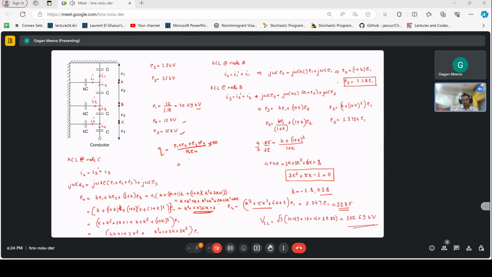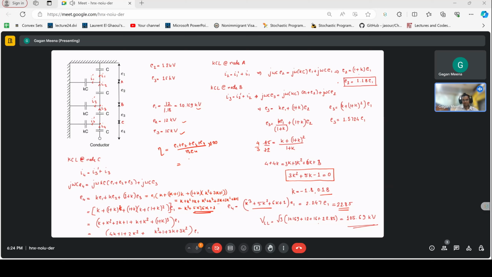This is only 66.67%. The string efficiency is quite low here, we can see. So for increasing this, and why is this string efficiency low? Because the voltage across each insulator is different, and we see the lowest insulator is stressed the most.